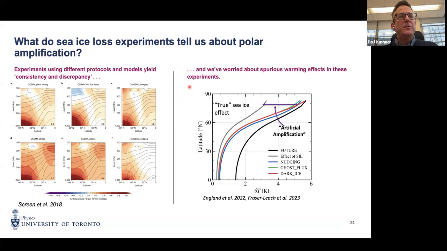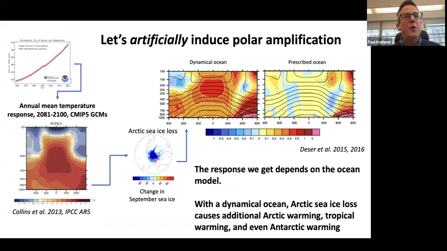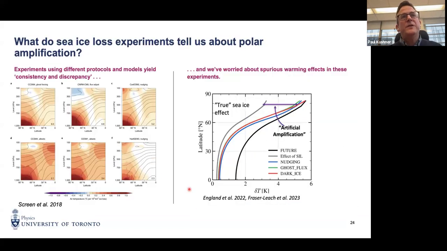So that's okay. And what has really come to light in the last few years, starting with a paper by Mark England and others in 2022, is that if you study this problem more carefully, this trick that I showed on the last slide of imposing sea ice loss drives an awful lot of Arctic warming.